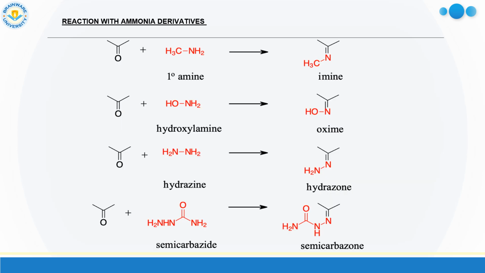Now the other reactions are with derivatives of ammonia, that is primary amines and hydroxylamine. The corresponding products formed are imine, oxime, hydrazone, semicarbazone, etc. The reaction process is the same.